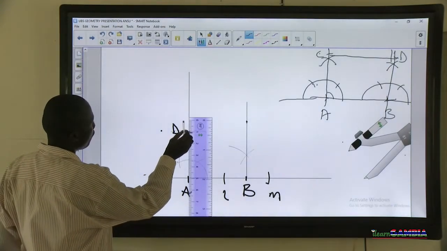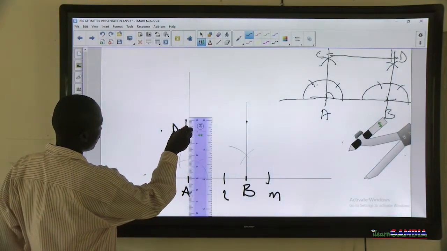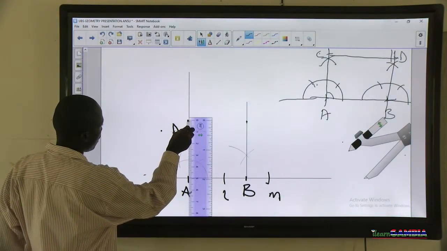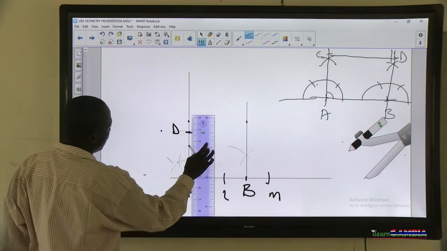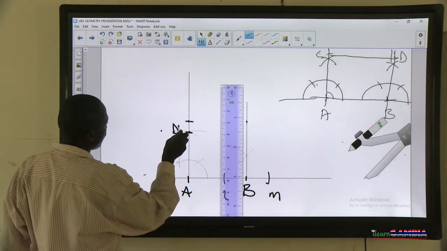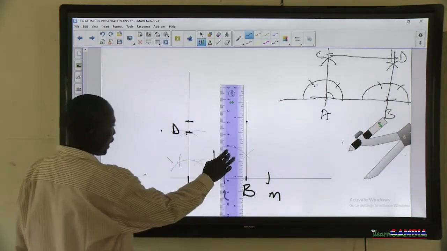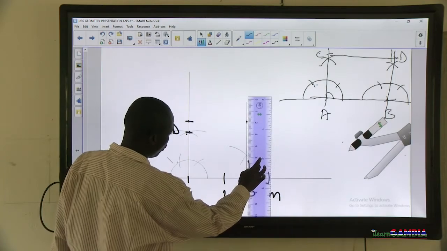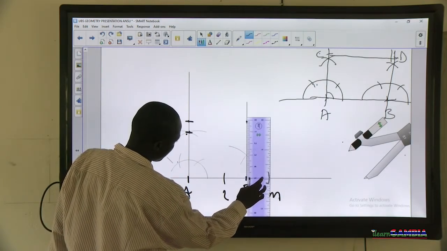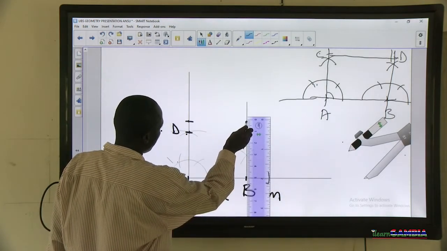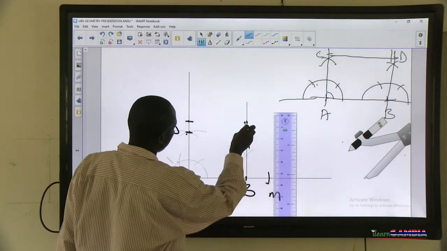AD should be 5 centimeters. Okay? So now we measure BC also 5 centimeters. That is that point.